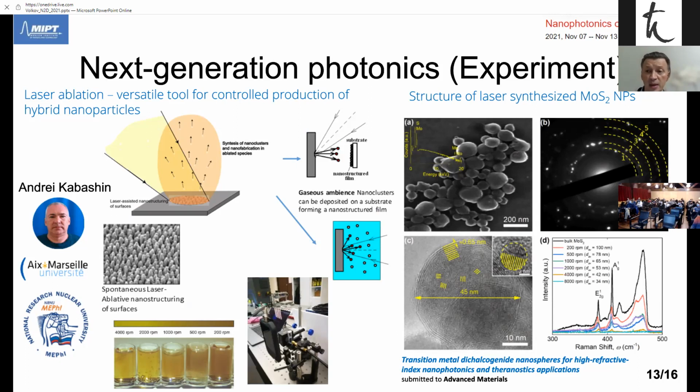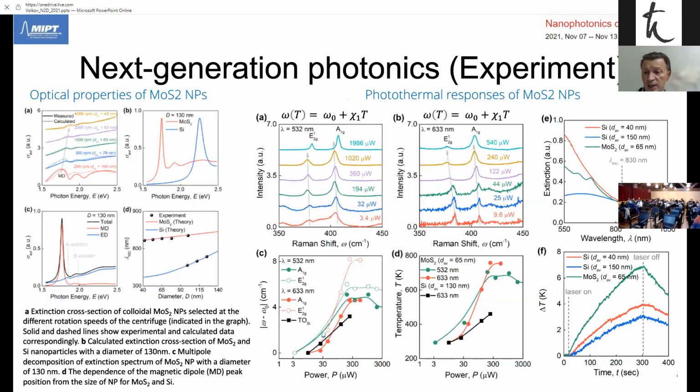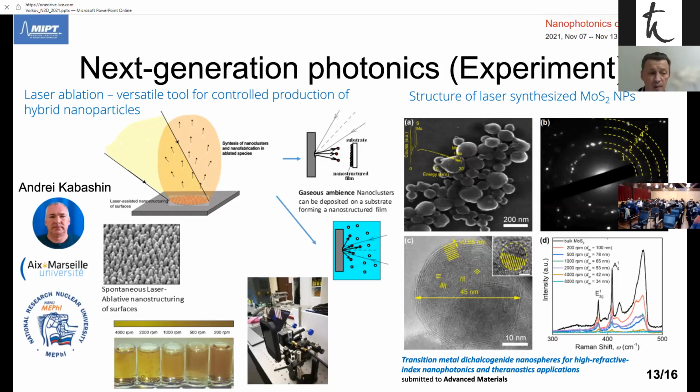One can also do it in liquid. Then these nanoclusters will form colloidal solutions. That's what we actually did in our experiments.